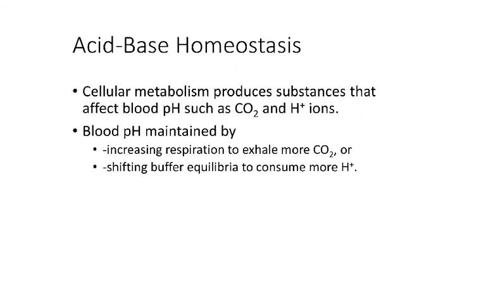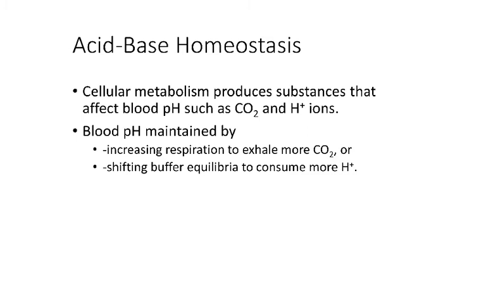So the cellular metabolism produces substances that affect blood pH, such as CO2, as we just saw, and H plus ions. So the pH is maintained. You can think about how do you get rid of CO2 in the blood? Well, you have to breathe it out. You have to exhale, right?